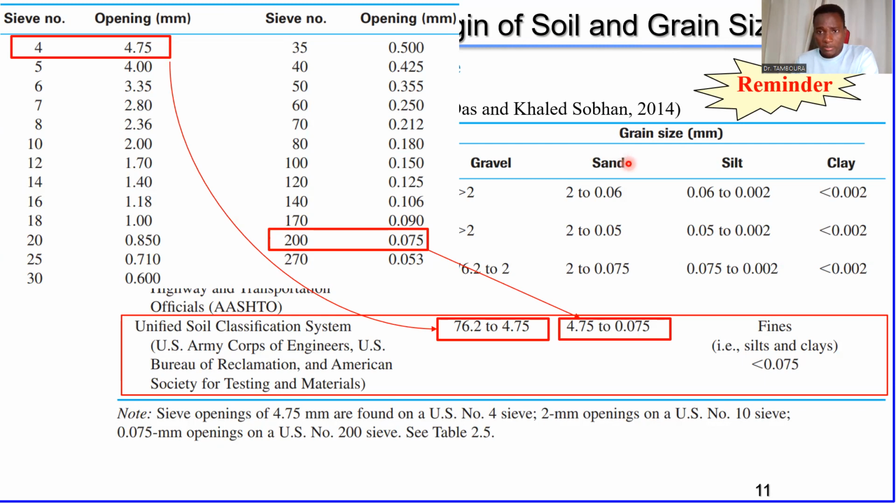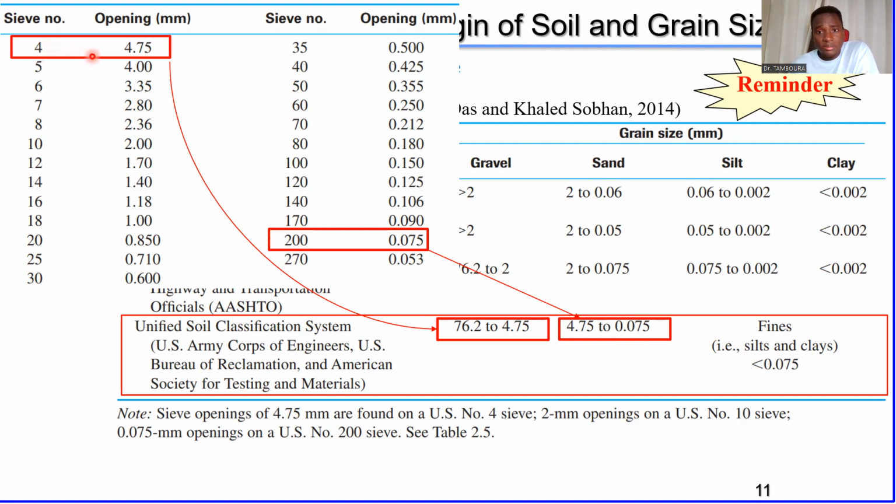Okay? So that means we need to know what is retained on the sieve number 4. That part will be gravel. What percentage is retained? That is one. We need also to know what is the amount passing the same sieve number 4.